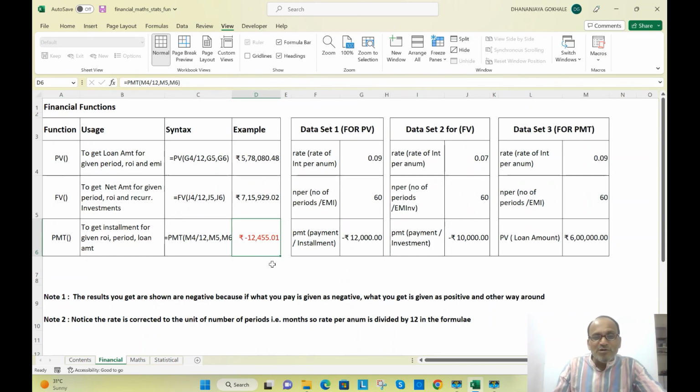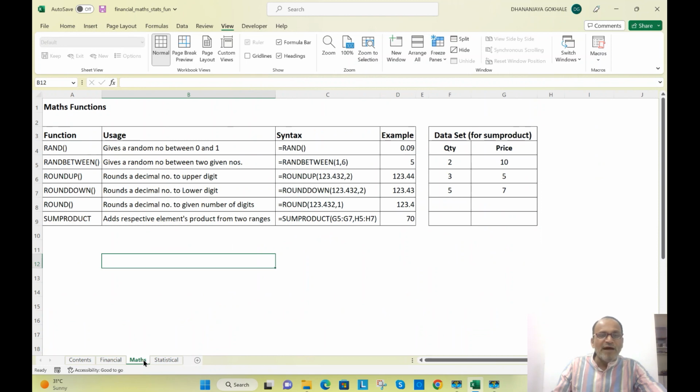If it is money coming to you, it will be shown as plus. Okay, that's it. So 12,455 rupees you pay every month if you take a loan of 6 lakhs and plan to pay back in 60 months. That's it. I think these are pretty useful formulas. And with that, we will move on to formulas in maths.